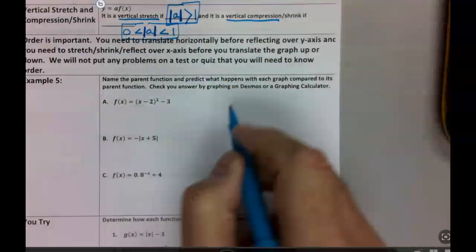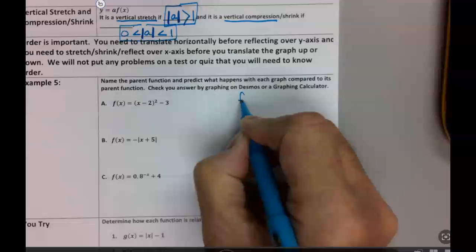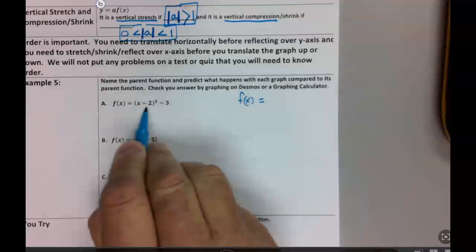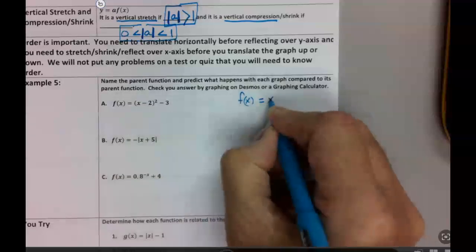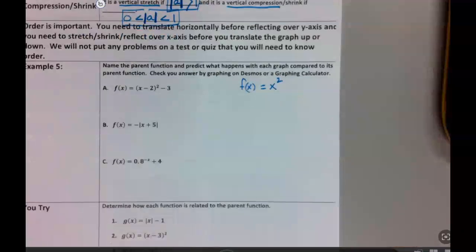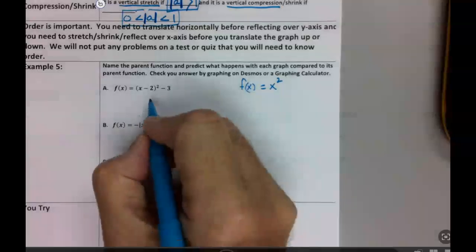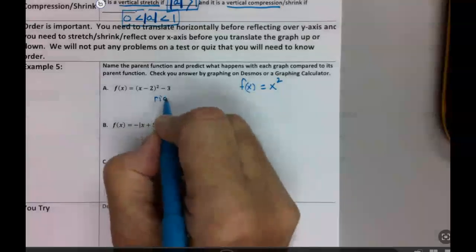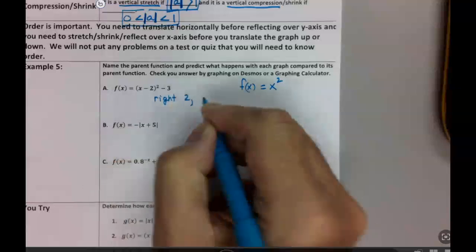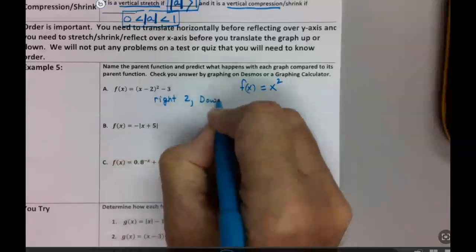Okay, so look at example 5. First place, can anybody give me the parent function for this one? Everybody agree with me the parent function is a quadratic for this one? Agreed? Okay. So everybody agree with me this one here would be right 2 down 3.